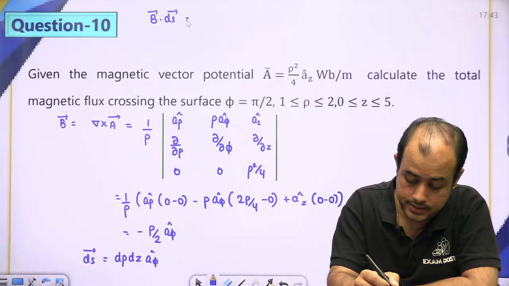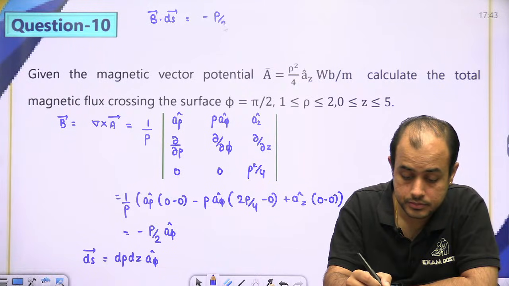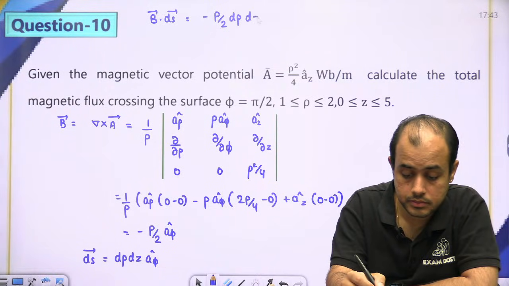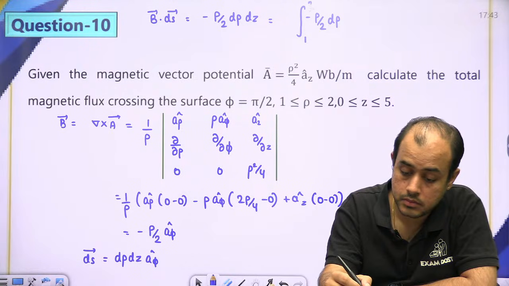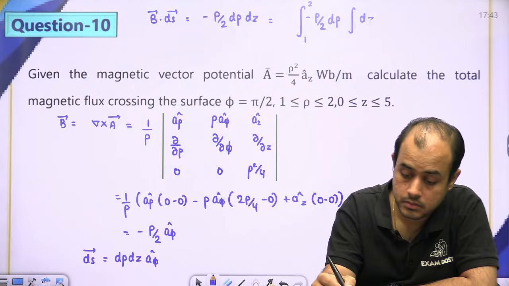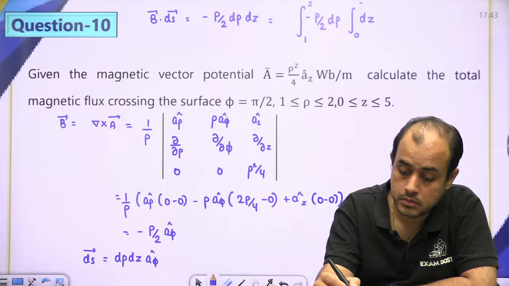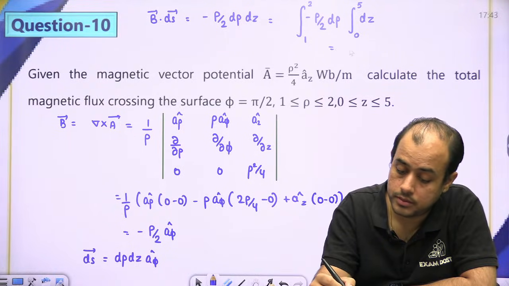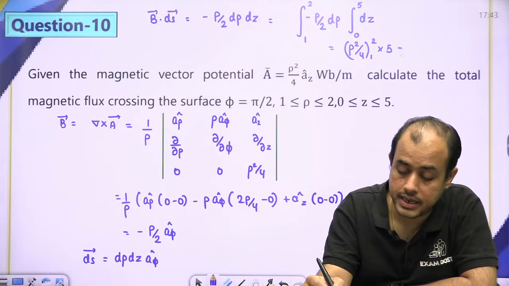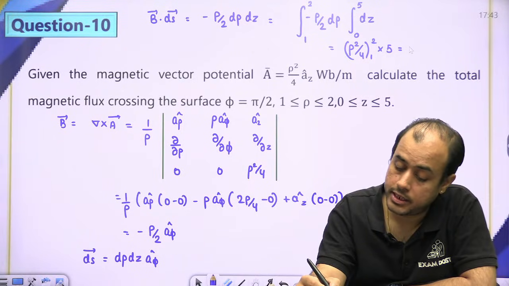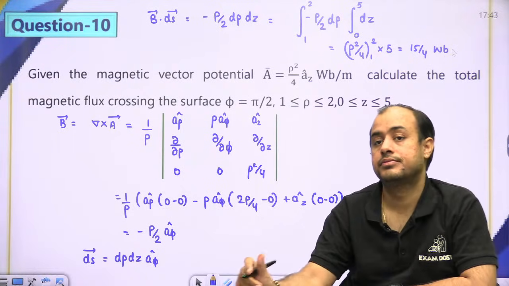B dot dS, rho square by 4. Remove the minus sign beta, minus का कोई रोल नहीं है. 3 by 4, 15 by 4 Weber.